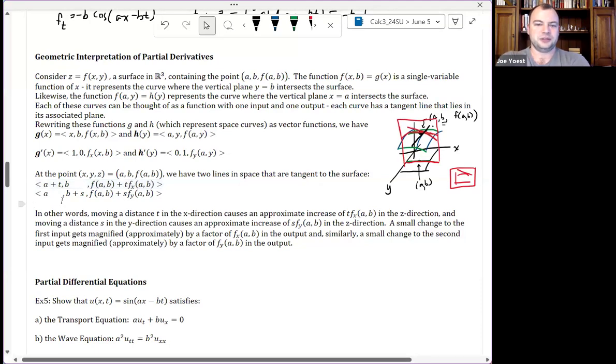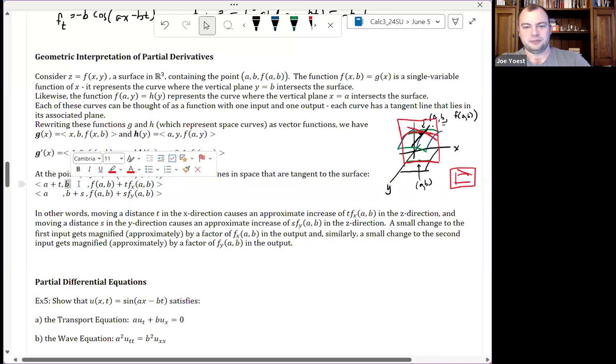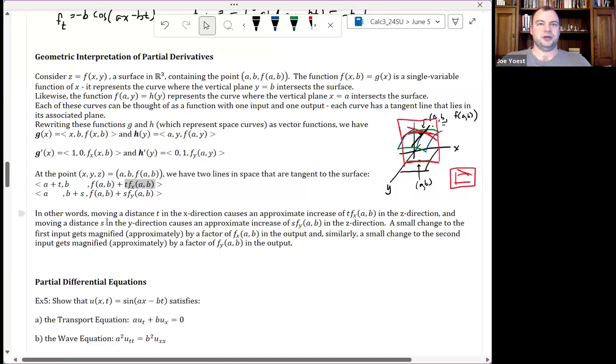So these two lines, let's say they have vector a, b, f of a, b plus t times 1, 0, f_x, right? The starting point plus t times the direction vector. That should look familiar.